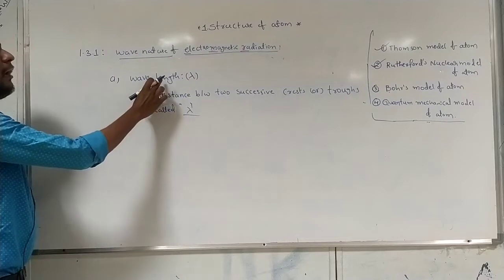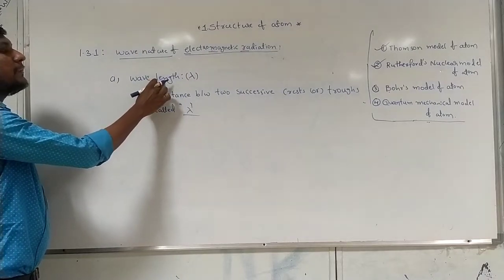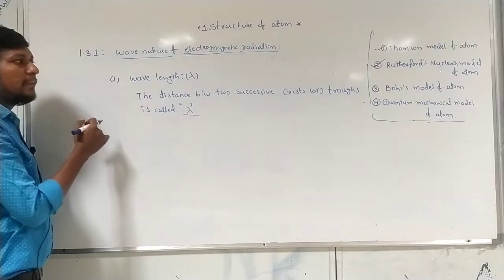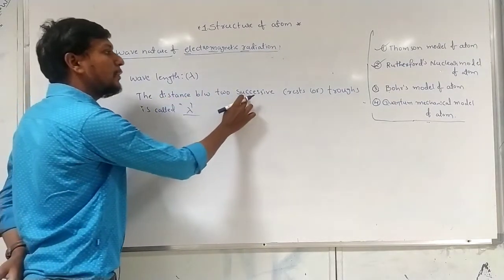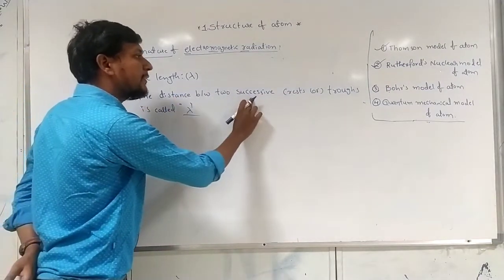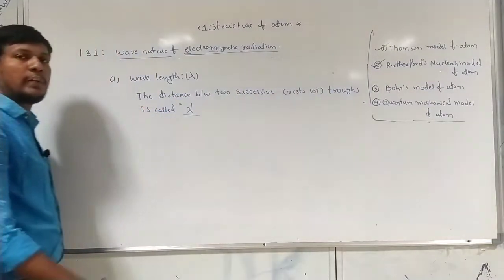Here, how much length the wave has, that is the distance between two successive crests, or two successive troughs.